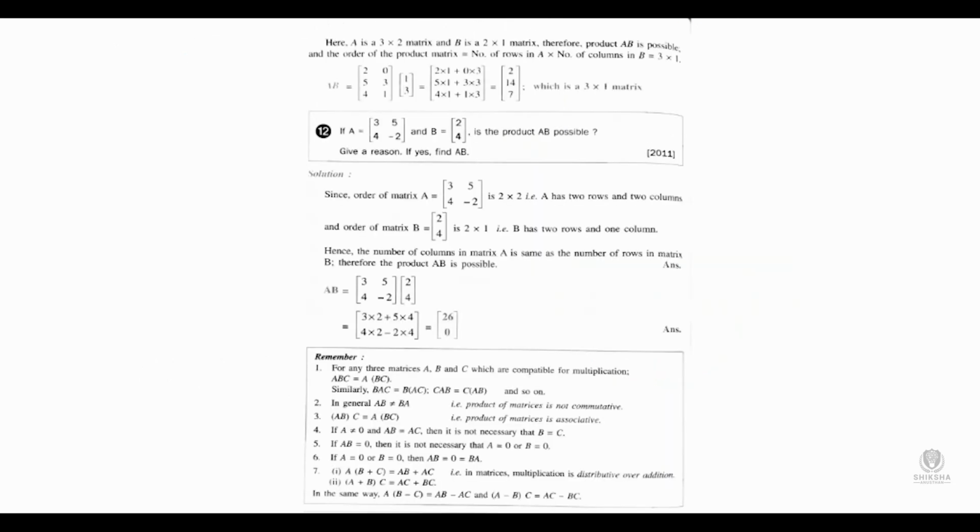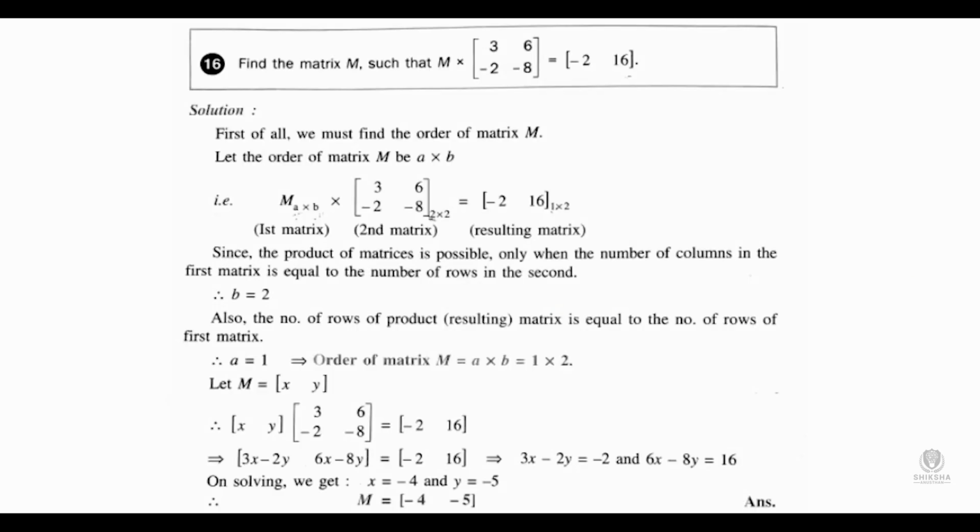Now suppose the question is given: find a matrix M such that M multiplied by this matrix gives the result of this matrix. How do we calculate this? We need to find a matrix M. Let us consider the matrix to be of order a by b. We know the multiplication process: M having order a by b and this matrix having order 2 by 2, and this result matrix has order 1 by 2.